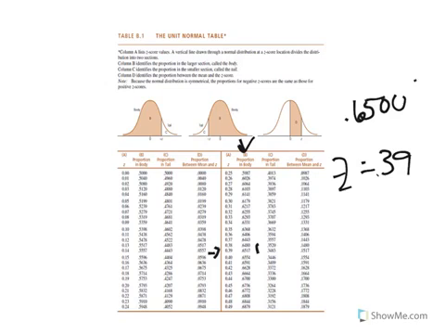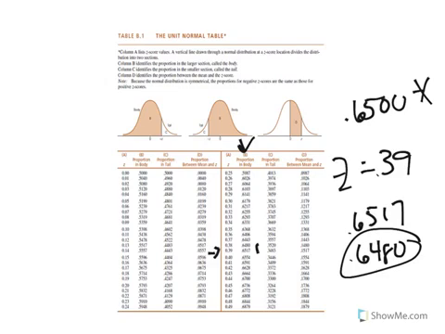Again, our ultimate goal is to find the proportion closest to 0.6500. We have options of 0.6517 and 0.6480. So again, the difference for this one here is going to be 0.0020, and for this one, the difference is 0.0017.